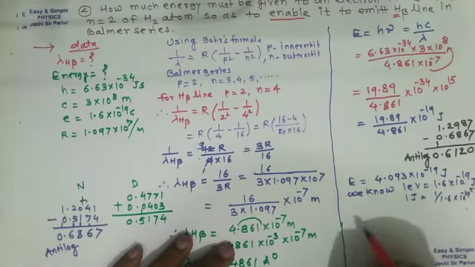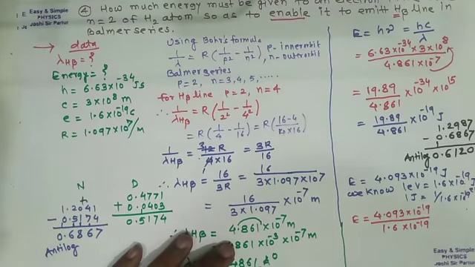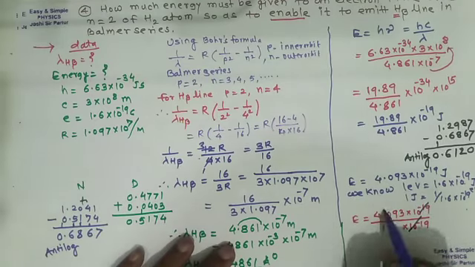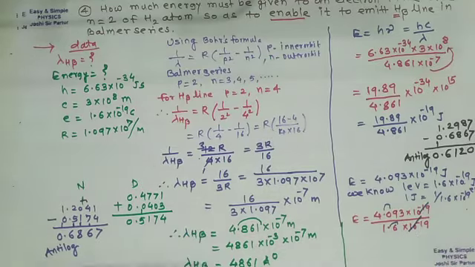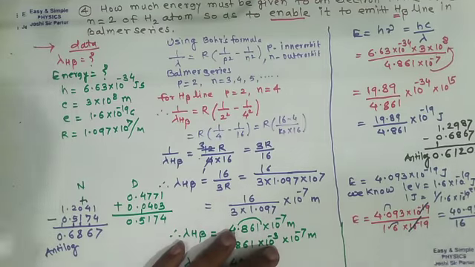So here energy is equal to 4.093 into 10 raised to minus 19 divided by 1.6 into 10 raised to minus 19. 10 raised to minus 19 gets cancelled. If the decimal point is shifted, we can write 40.93 divided by 16.